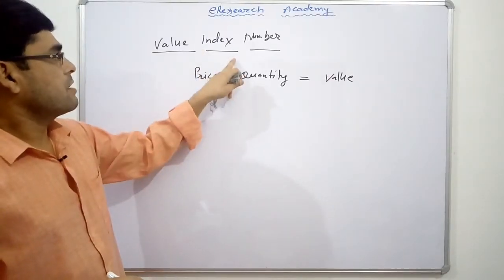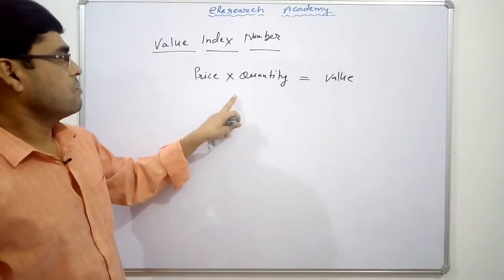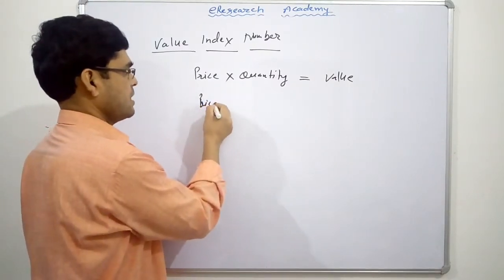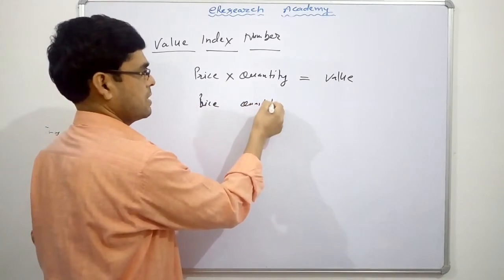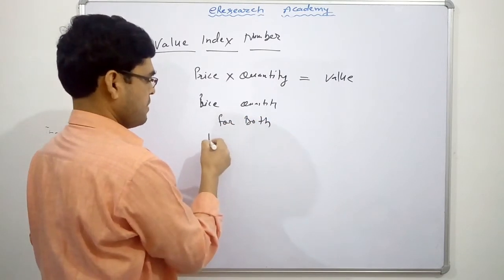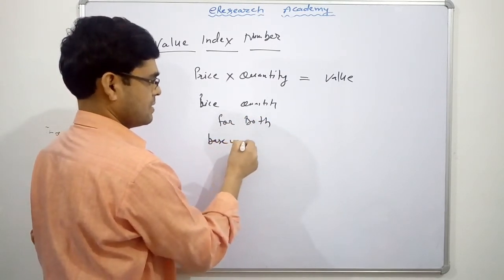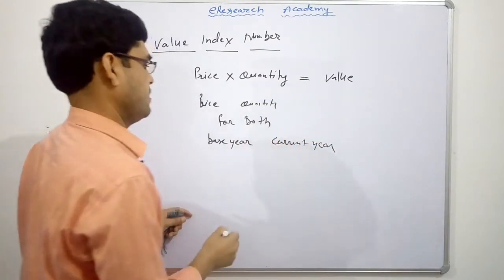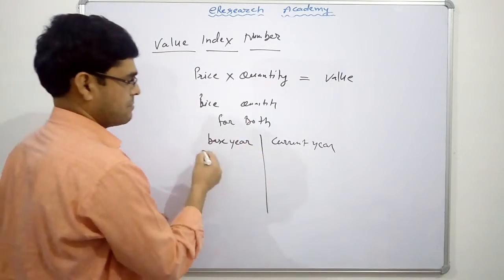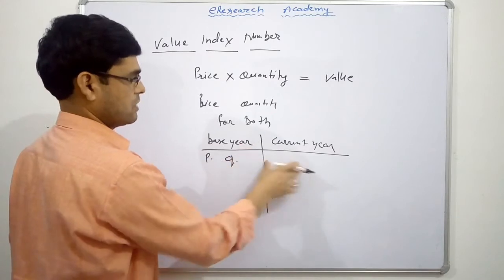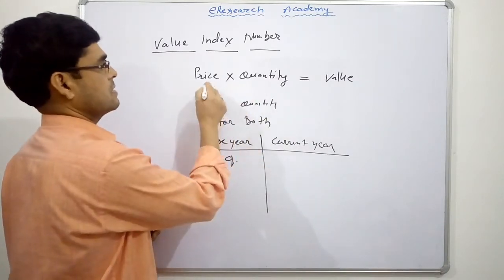For getting the value index number, according to this formula, we need price and quantity for both years, base year as well as current year. Once we have this information, we can easily construct this value index.